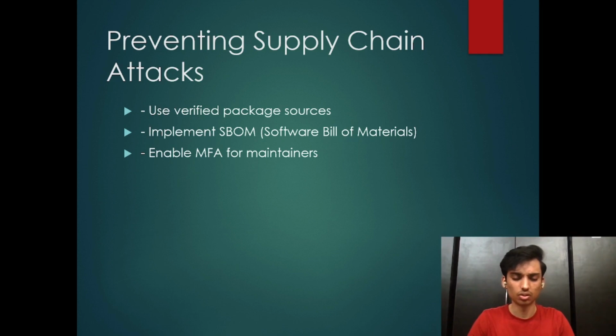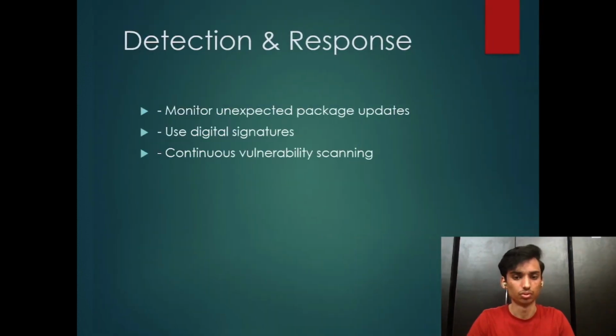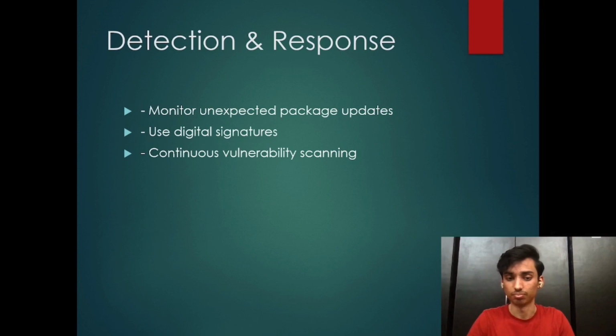So, how do we detect and respond to these supply chain attacks? Even with strong security measures, some attacks may slip through. Here's how to detect them as well as respond. Monitor unexpected package updates. Be cautious of sudden, unexplained changes. Secondly, use digital signatures. Verify that software updates come from trusted sources.